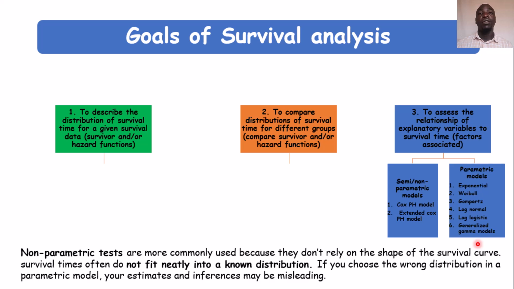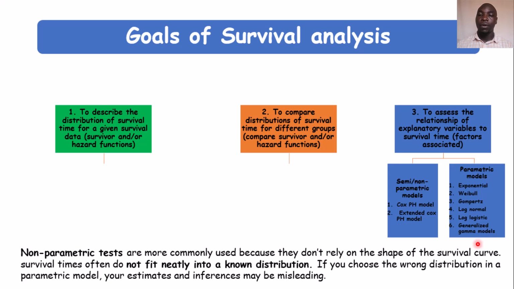However, in practice, you'll find that the non-parametric models, the Cox Proportional Hazards model, and its extended version, the extended Cox PH model, are the commonly used, for reason being they do not rely on the shape of the survival curve. Survival times often do not fit neatly into known distributions, which are the key component of parametric models.